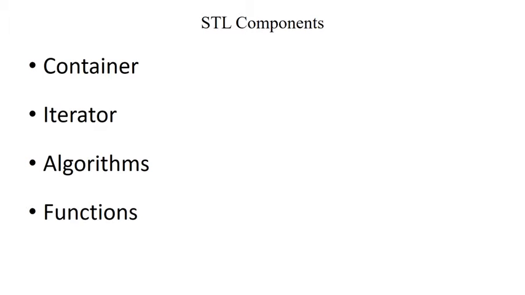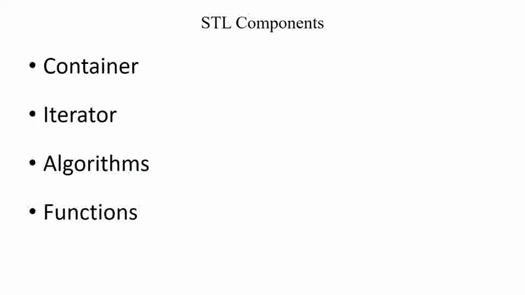In session number 9, we elaborate what is algorithms and what is the function or function object in STL. In the previous session we already studied what is container, what is iterator, as well as you also know what is algorithm, what is the function.